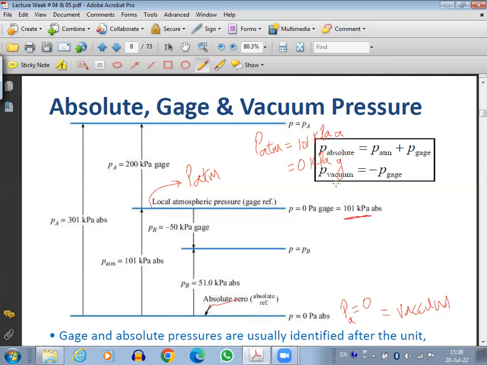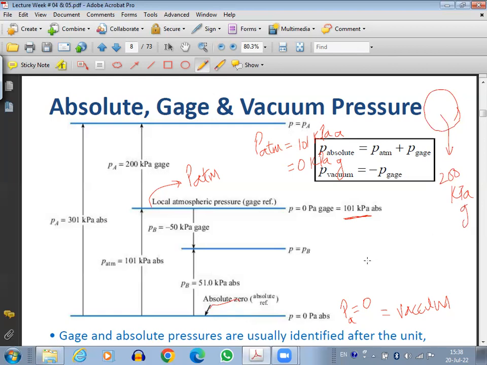Now suppose I have a ball, and the pressure in the ball is, say, 200 kilopascal gauge.